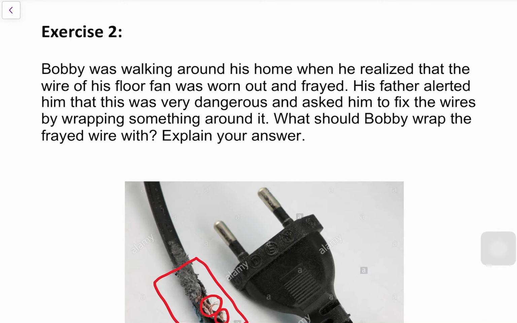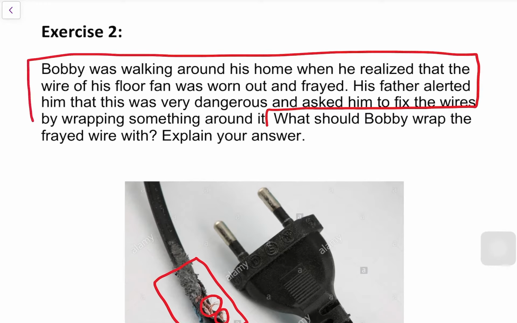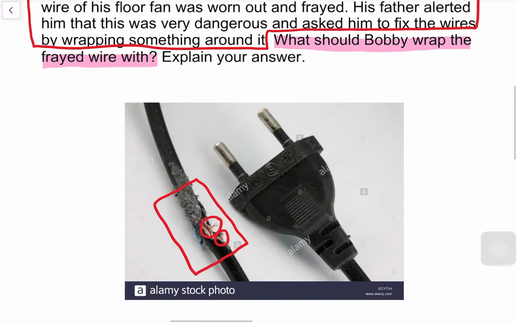Alright, so let's look at what the question is asking us to do. The question has given us a scenario, and this portion below is the question. What should Bobby wrap the frayed wire with? Explain your answer. There are two parts to this question.